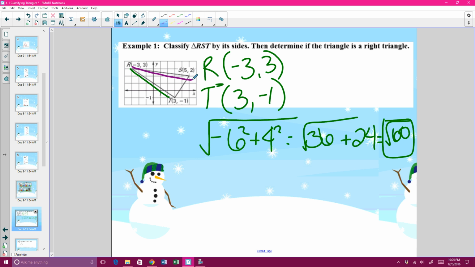We have 2 more sides that we have to find. So let's go ahead and do those. We have RS.